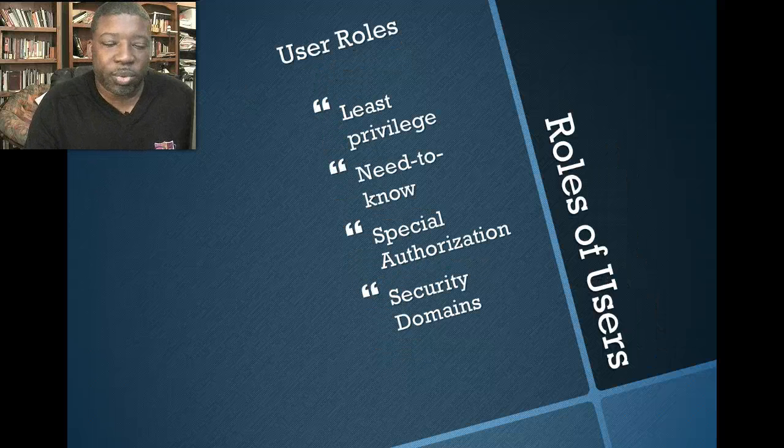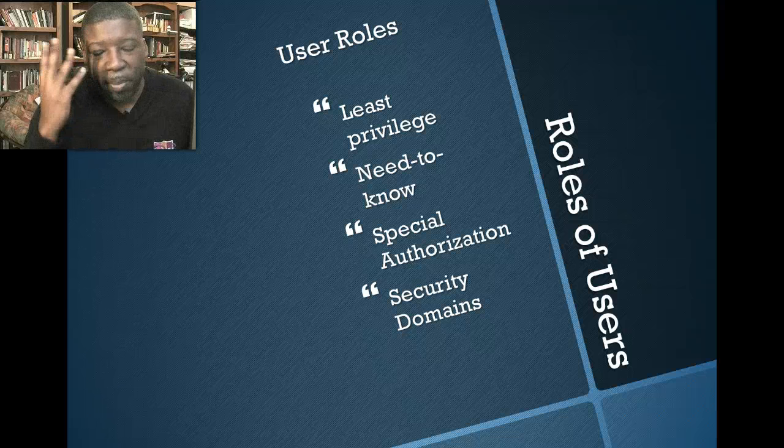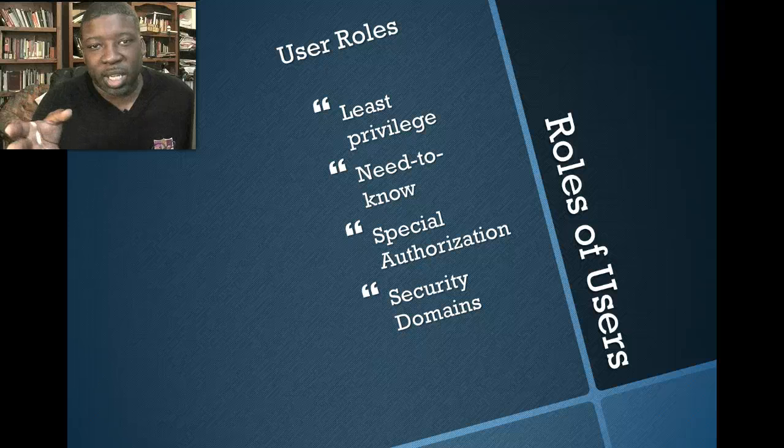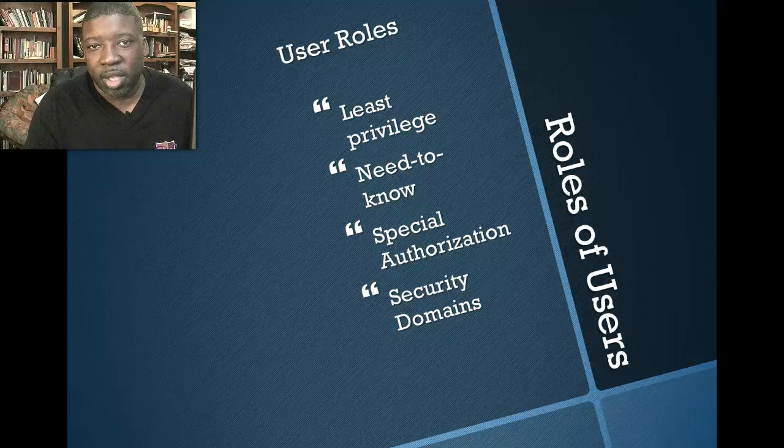All right, let's talk about your roles. You have least privilege: the least amount of privilege for someone to access their data. I'm thinking about projects because you are the project manager, but for the users actually using the solution, it's the least amount of privilege they need to access the data they need to do their jobs.